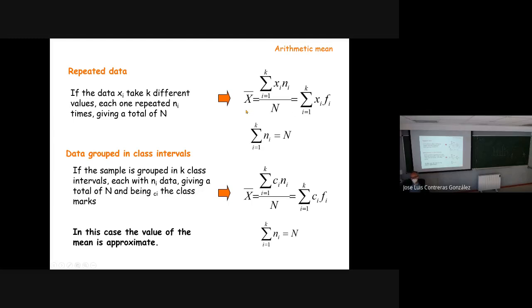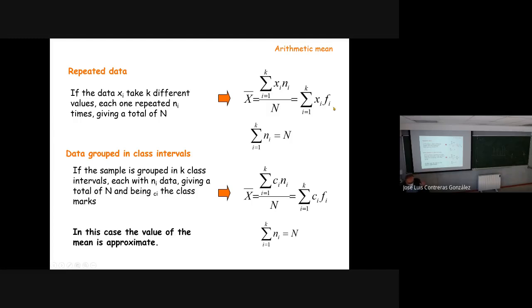So how do we compute the mean? If we have made our tables, we could compute the mean from the tables, multiplying each of the values times the absolute frequency and dividing by the total number of data. So if we operate this, the mean would be the values multiplied by the relative frequencies.